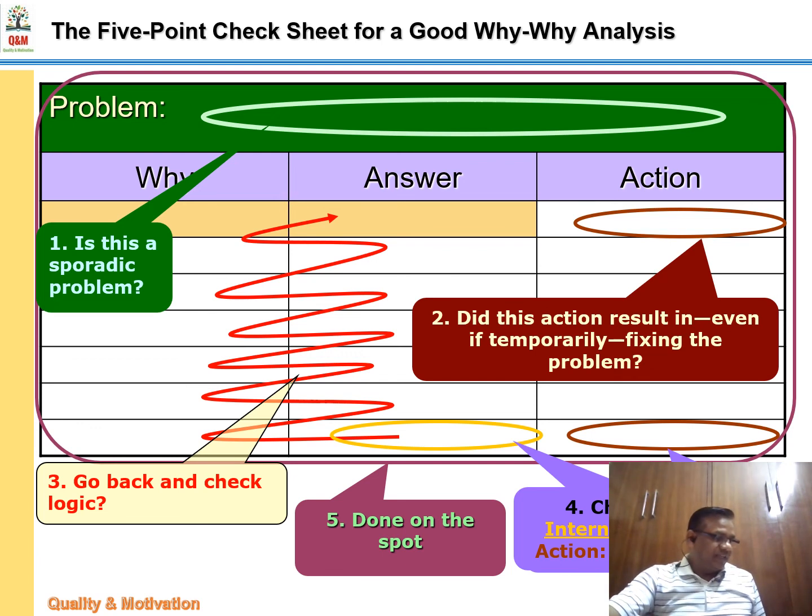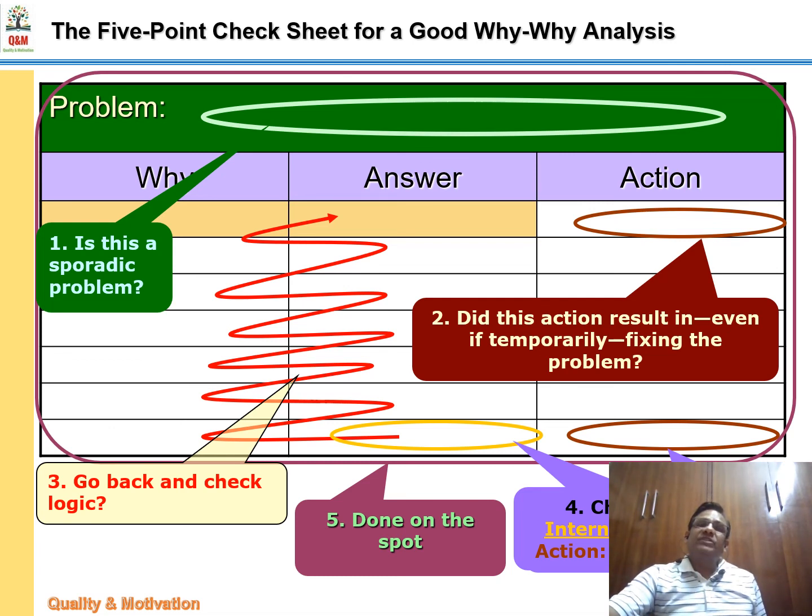The first G is Genba: go to the site where the problem occurred. Second, Genbutsu: check and verify the actual part. Third G is Genri: check the principle behind the phenomena. And the fourth G is Gensoku: apply the principles on the actual situation.